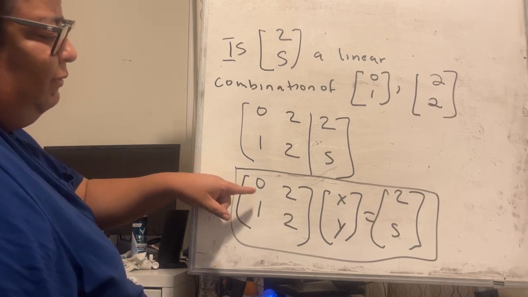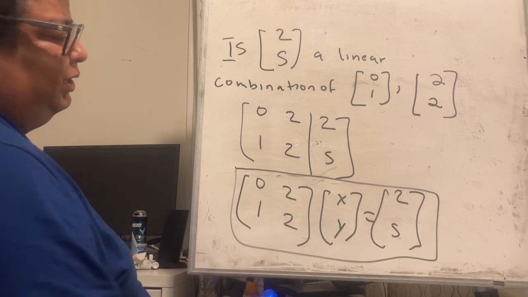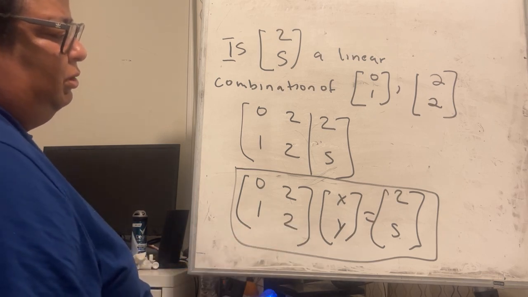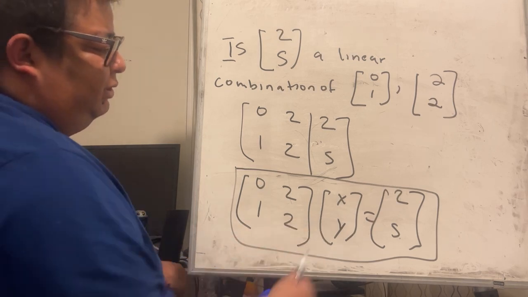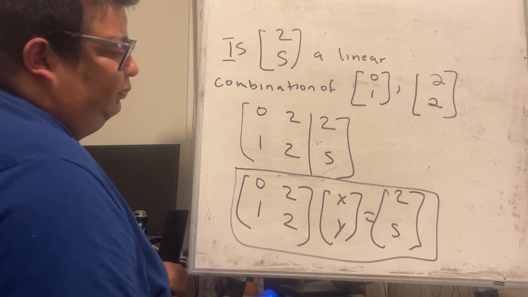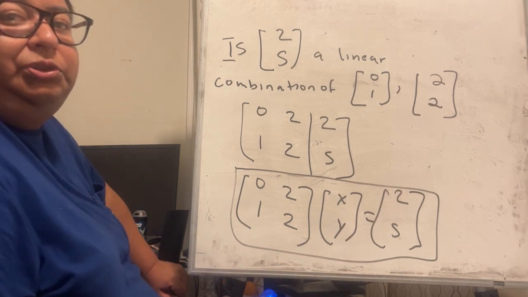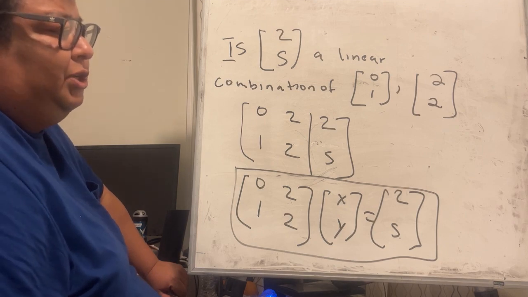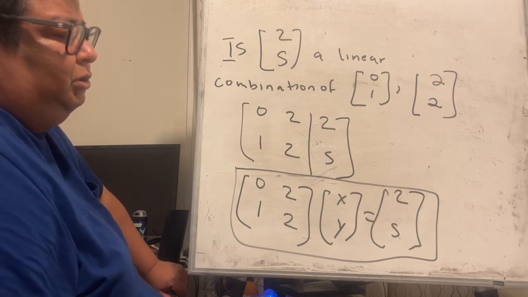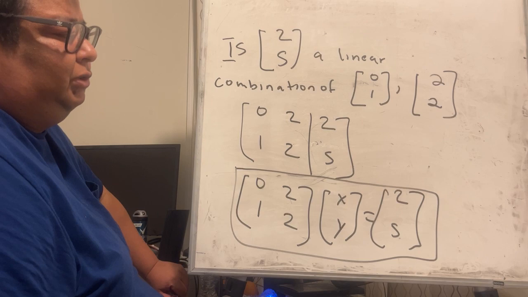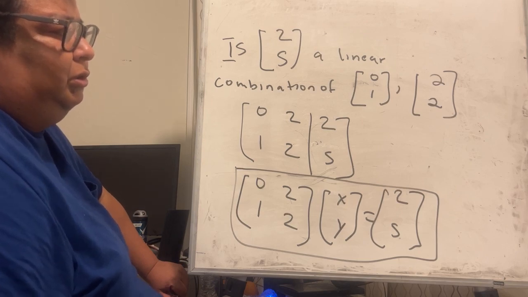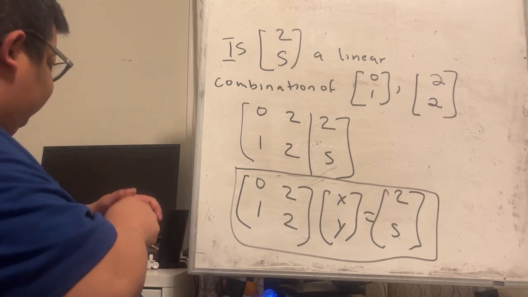In case, for example, you have a 3 by 3, then definitely you're gonna have to find the solution to this system using the Gauss-Jordan method or elimination method or some other kind of method of solving a linear system.